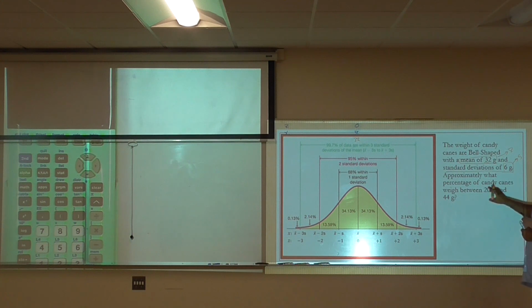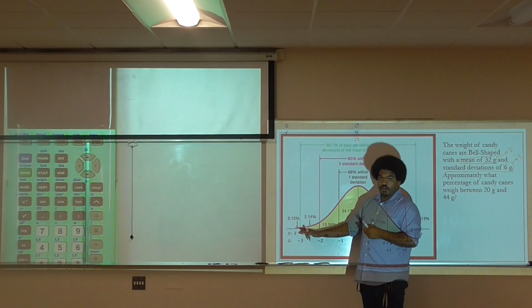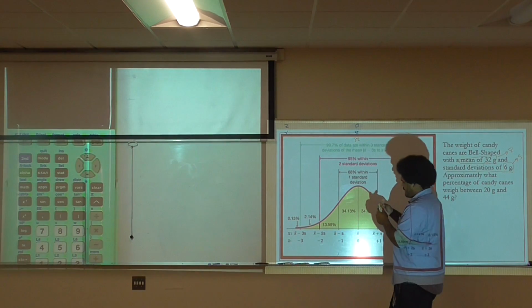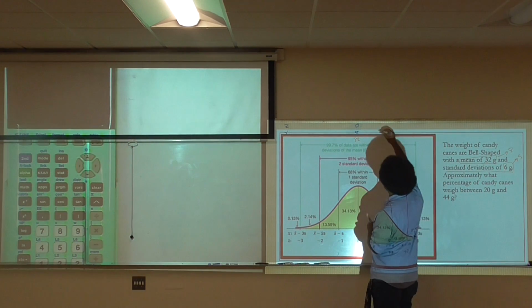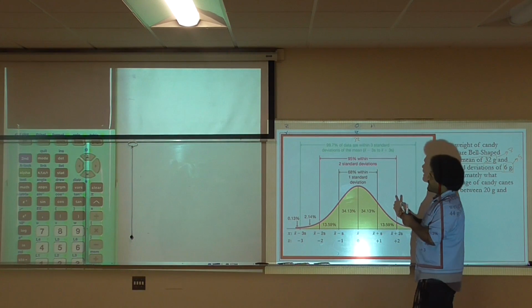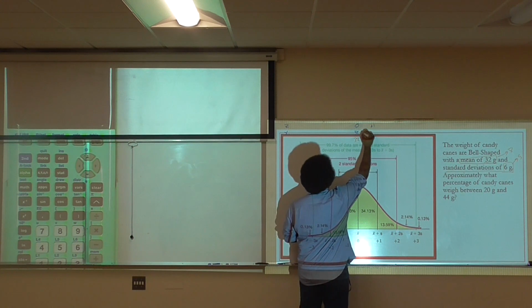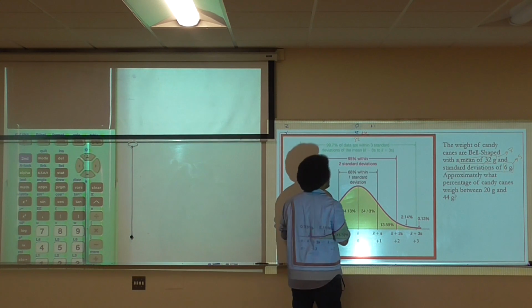So we have to figure this out, pretty much using the empirical rule. But the thing is, I don't know these jumps yet. I can figure them out. I'm going one z-score to the right, so I'm increasing by 1 standard deviation, and I can obtain that by simply adding 6 to it.